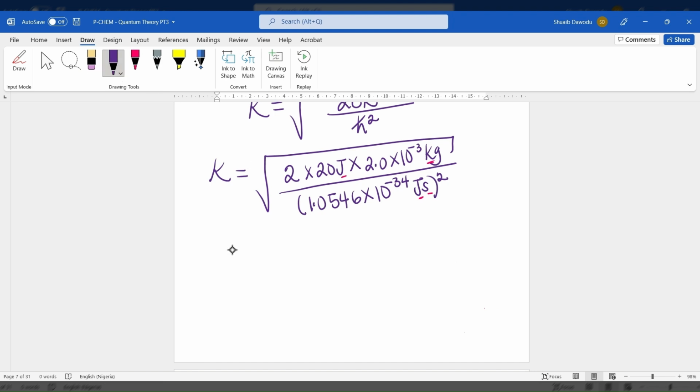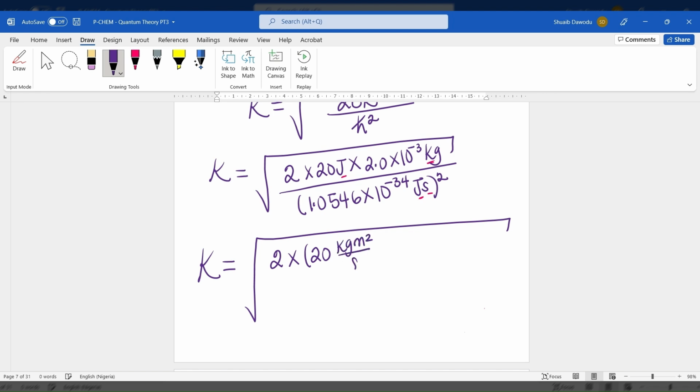So you have k is now equal to the square root of 2 times 20 kilogram meters squared per second squared, multiplied by 2.0 times 10 raised to the power of negative 3 kilograms, divided by 1.0546 times 10 raised to the power of negative 34 joule seconds, all squared.